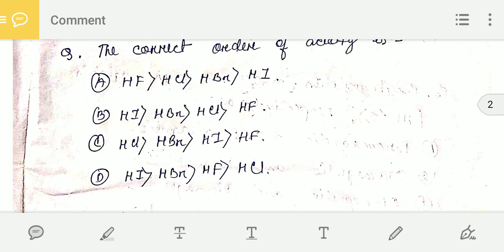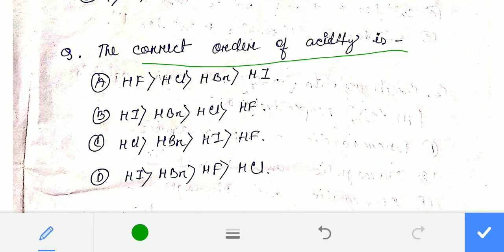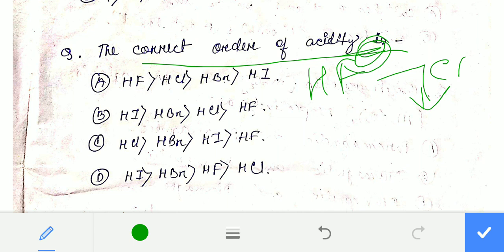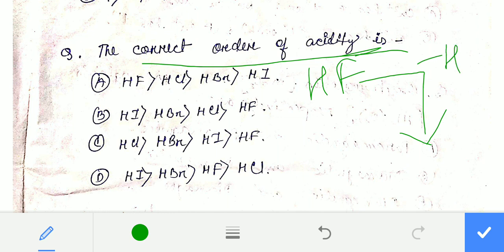Moving to the next question, the correct order of acidity. We can determine which one is more acidic by drawing its conjugate base. For the HF molecule, its conjugate base, by removing one H plus, is F minus. F minus is the conjugate base of hydrogen fluoride.